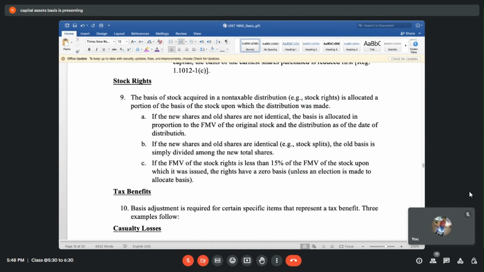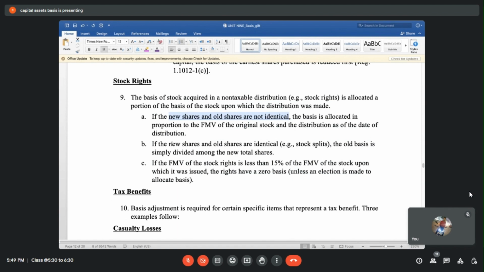Yes, ma'am. Stock rights. The basis of stock acquired in a non-taxable distribution, for example stock rights, is allocated a portion of the basis of the stock upon which the distribution was made. First, if the new shares and old shares are not identical, the basis is allocated in proportion to the FMV of the original stock and the distribution as of the date of distribution.